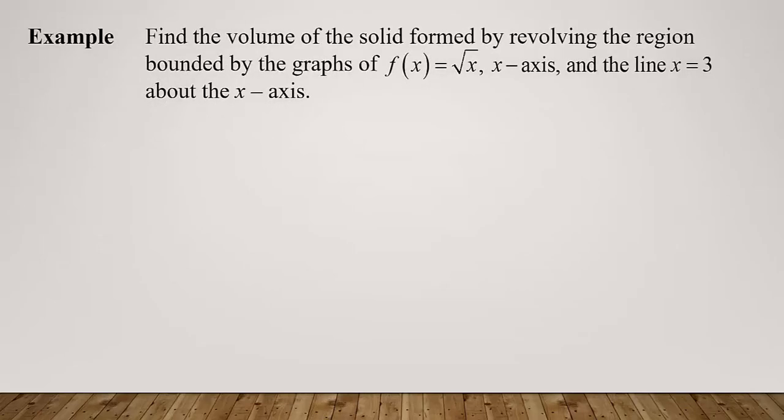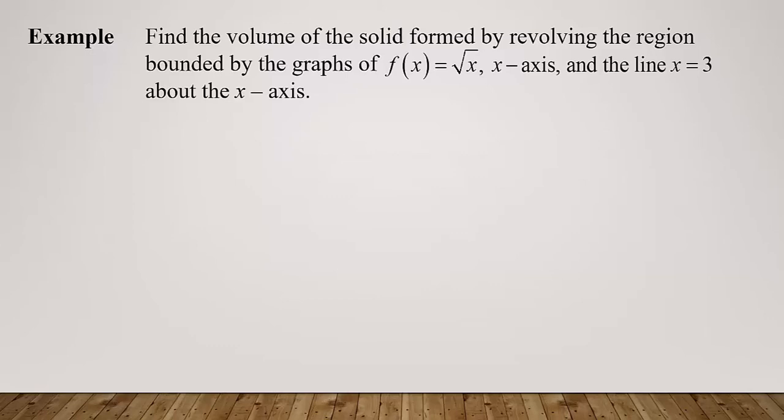All right, now that we see the formulas we use for the disk method and we see where they come from, basically the pi r squared, that's a big clue in there. Let's look at an example. Let's find the volume of the solid that's formed by revolving the region bounded by the graphs of f of x equals square root x, the x-axis, and the line x equals 3.